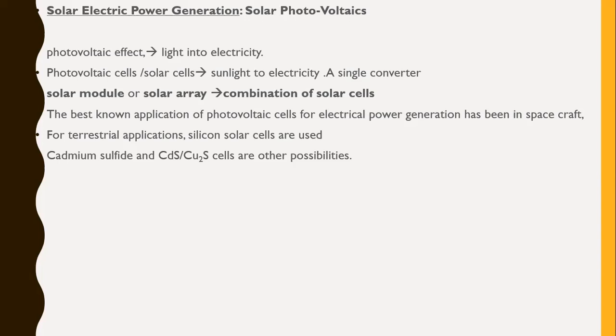We know that silicon is the earth's most abundant material, and it is also very expensive to extract. It is extracted from sand, where it occurs mostly in the form of SiO2. Silicon exists in the form of SiO2, and from this SiO2 we have to extract only the silicon, and this is extracted and refined to the purity required for solar cells.